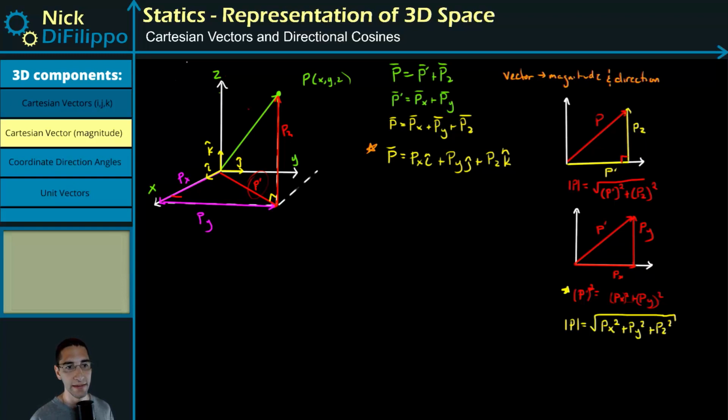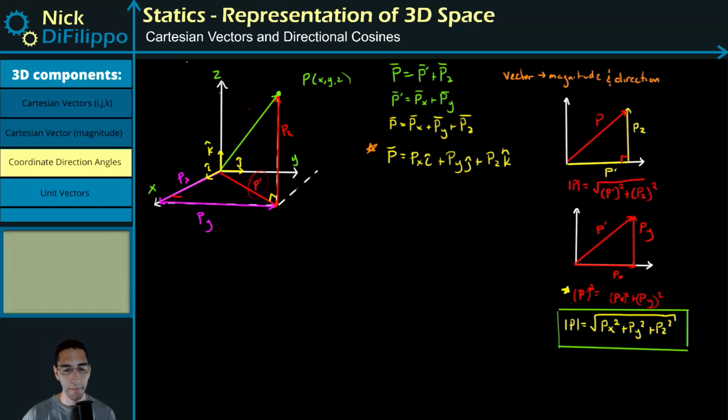And we see that in this equation. On an exam, memorize that. Memorize that if I have a vector and I'm looking for the magnitude of it, it's going to be the square root of the sum of the squares of all the components. So there we go. That's how we figure out what the magnitude is.